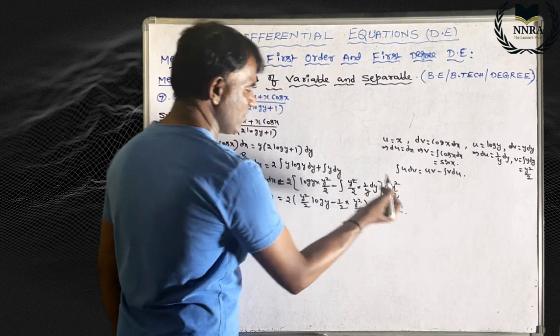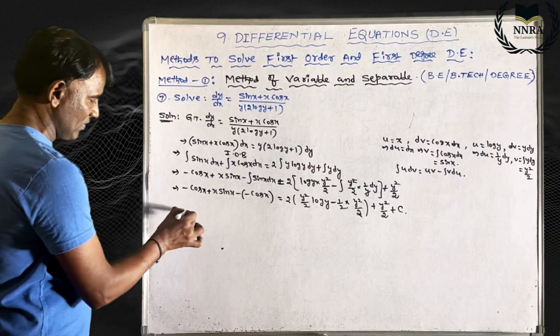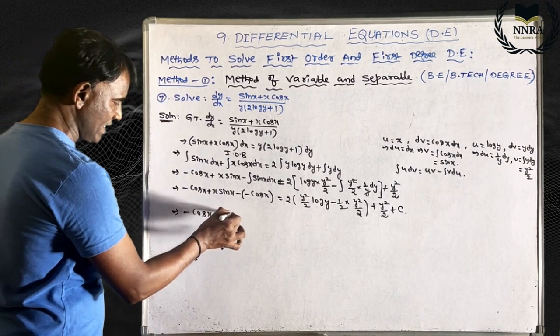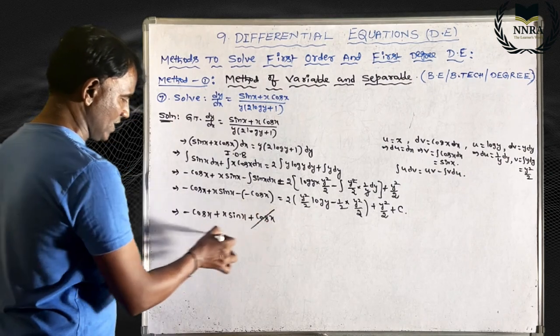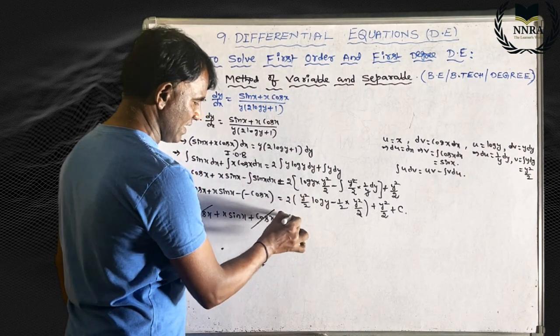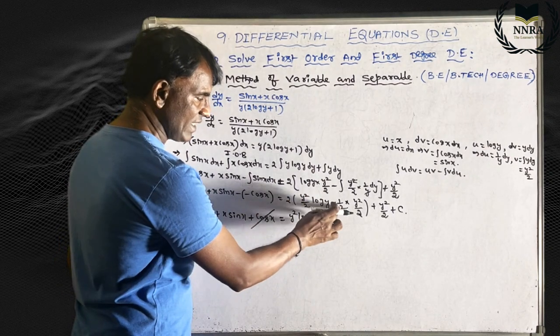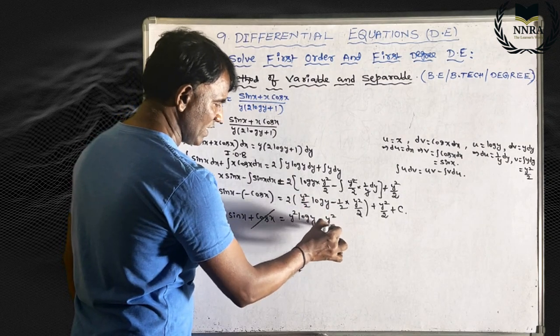Now add the arbitrary constant c. Okay, now how to write it? Minus cos x, then x sin x, and minus of minus plus cos x. Now both get cancelled, right? And the 2 cancelled, that is y square log y. And one value cancels, this 2, this 2. What is the remaining? y square by 2, right?